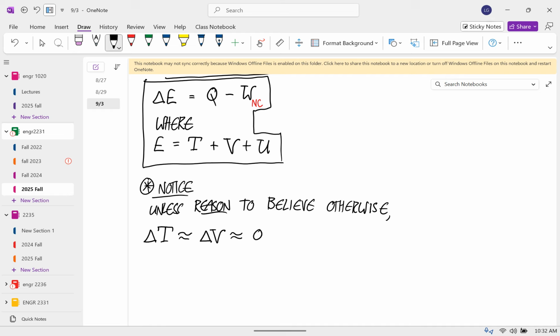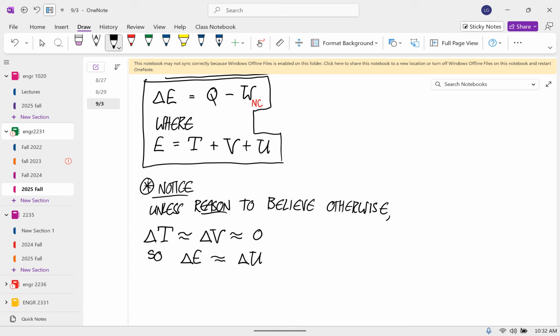Those are going to be small compared to the other stuff. Okay. So in that case, delta E is really just the change in internal energy. And we'll get into a lot of ways to calculate internal energy, figure out internal energy for different substances and stuff.